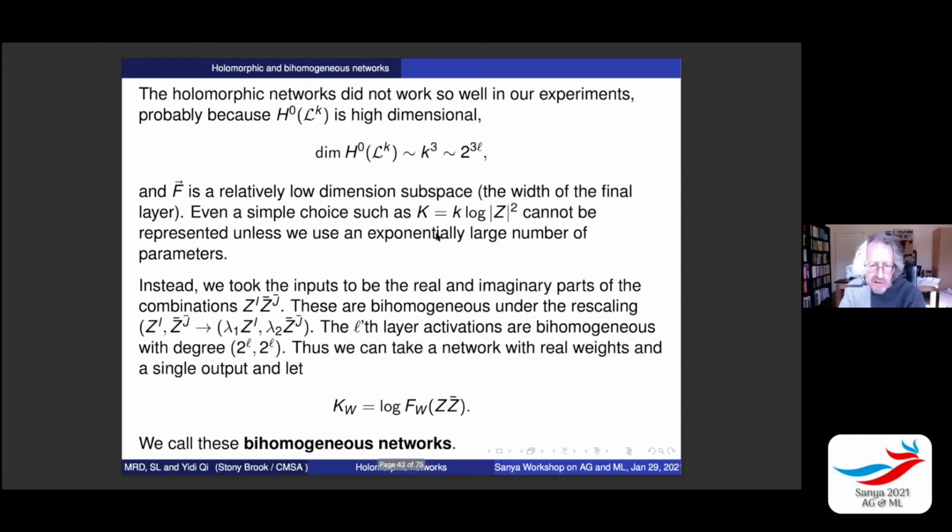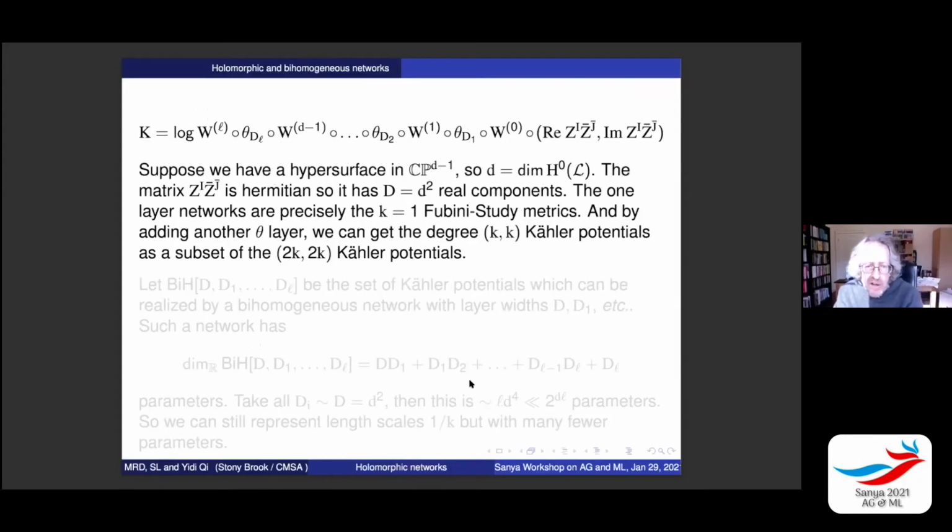And so something of bihomogeneity 1,1 would turn into 2,2, 4,4, eventually 2^L, 2^L. And then by itself, such a bihomogeneous function is a candidate. And again, you would make contact with other definitions by taking its logarithm as a Kähler potential. So that's what we mostly worked with once we established that the other description was not as good.